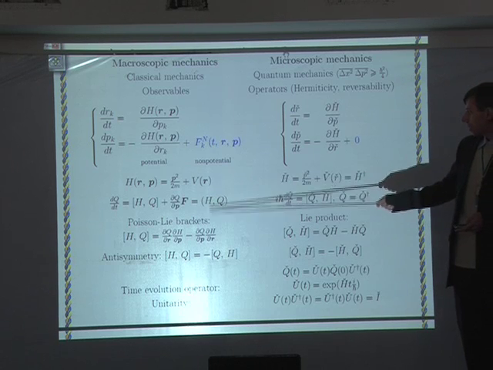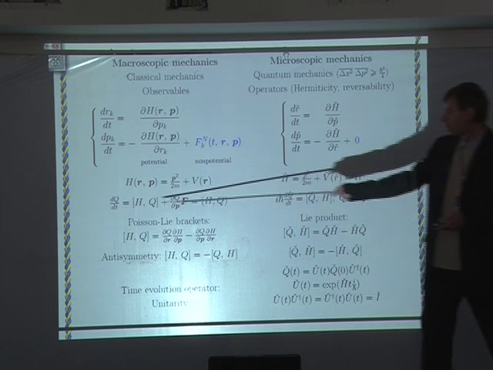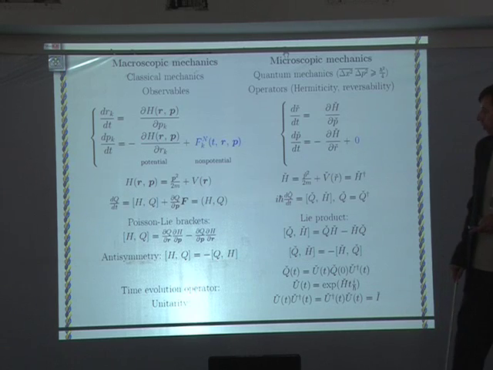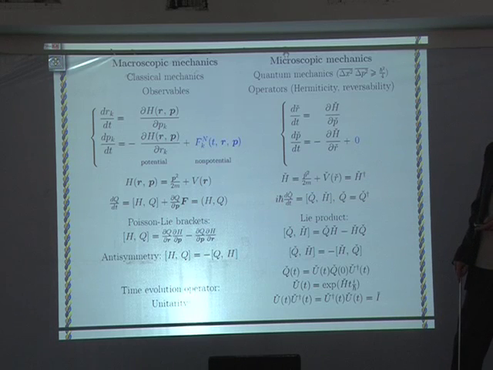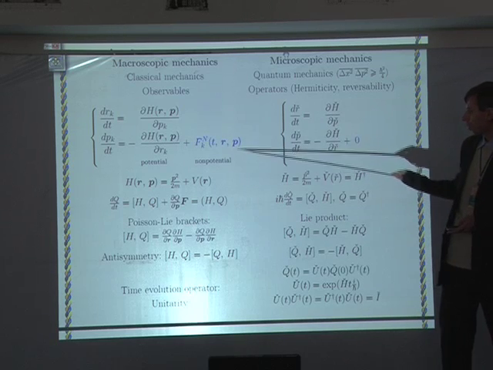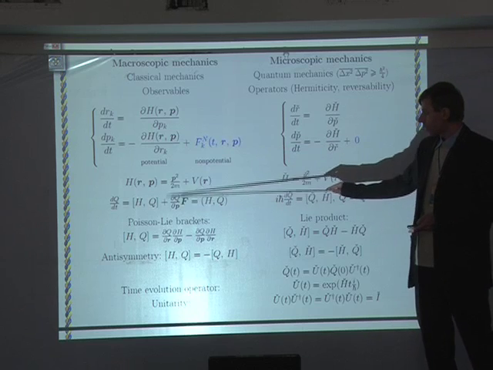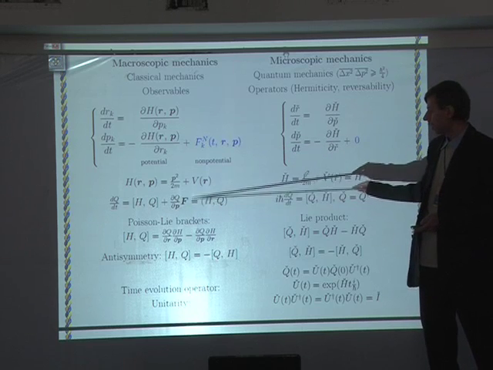So when we take some observable Q and write the equation of its time evolution, we can write it using such a well-known structure as Lie brackets, or Poisson brackets. And in the case of this external force, these brackets have this additional term here.